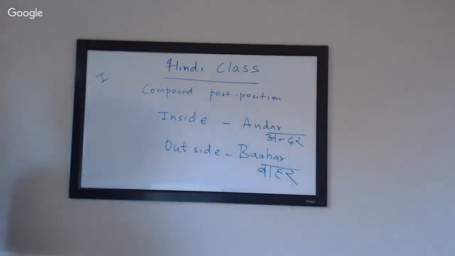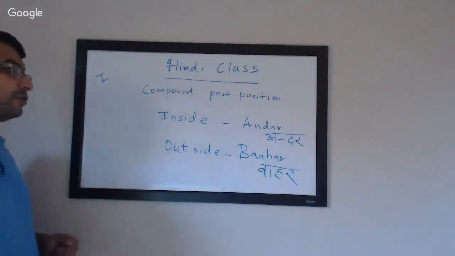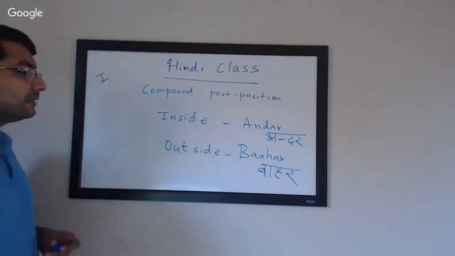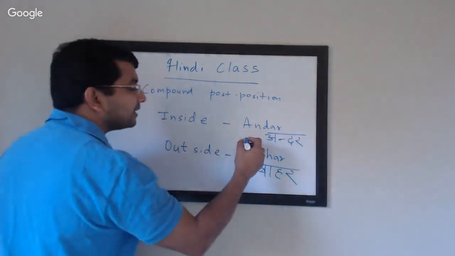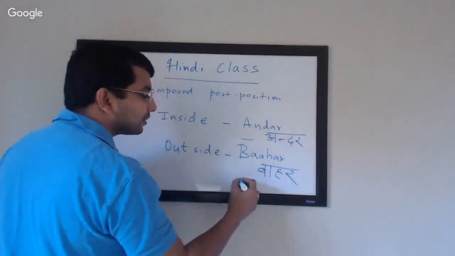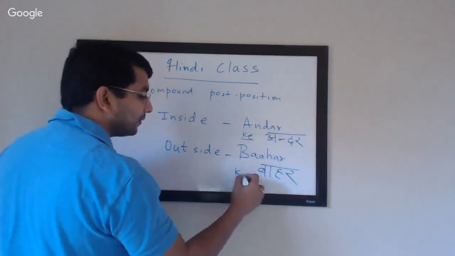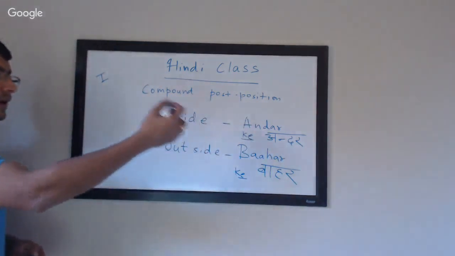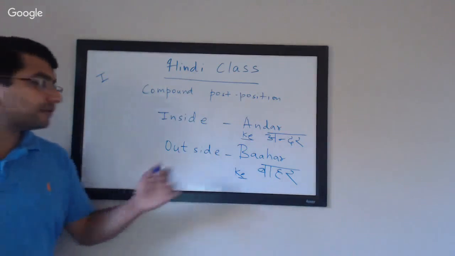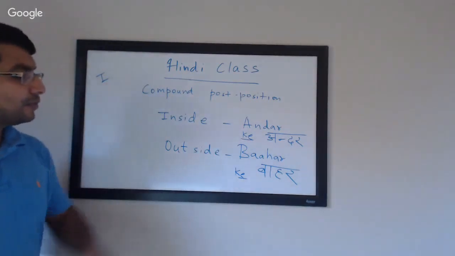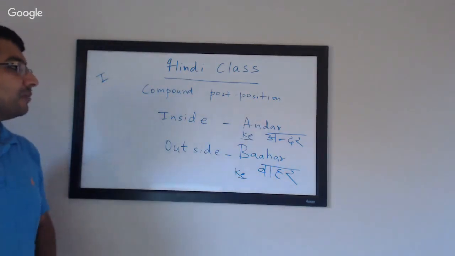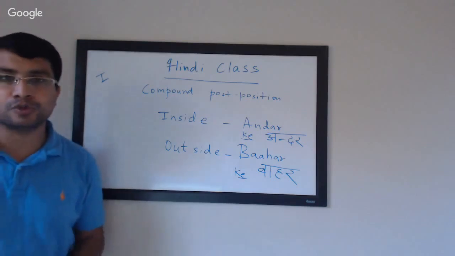The reason we call it compound postposition, most of the time when you're using both of them in sentences, you might see a postposition before those called ke. Okay, ke andar and ke bahar, right? And whenever there's a postposition before these two, collectively it will be called a compound postposition.